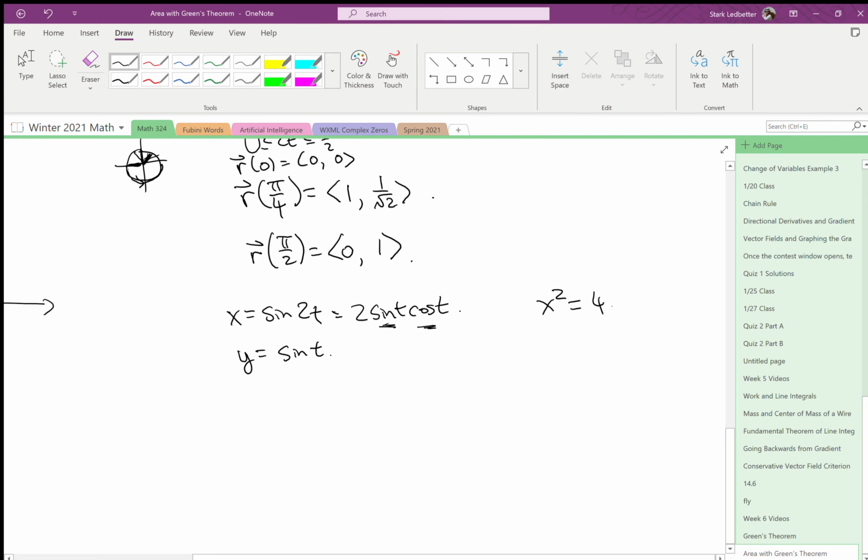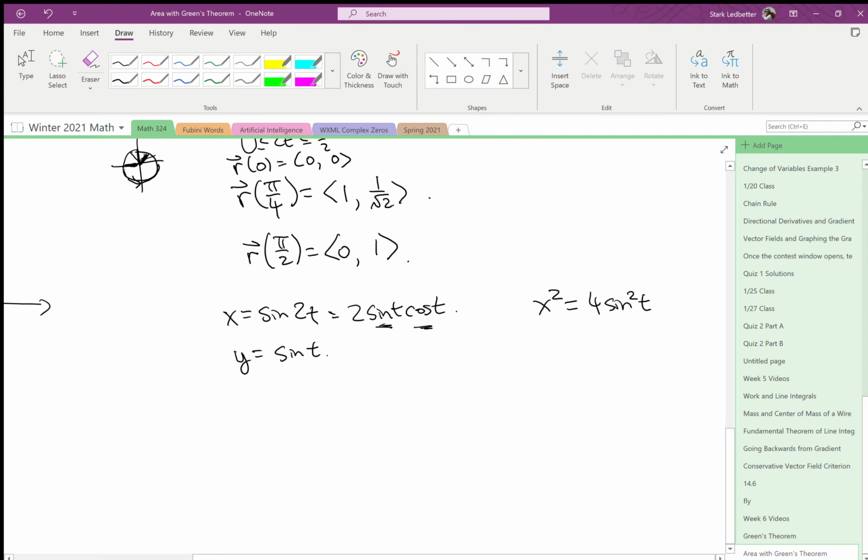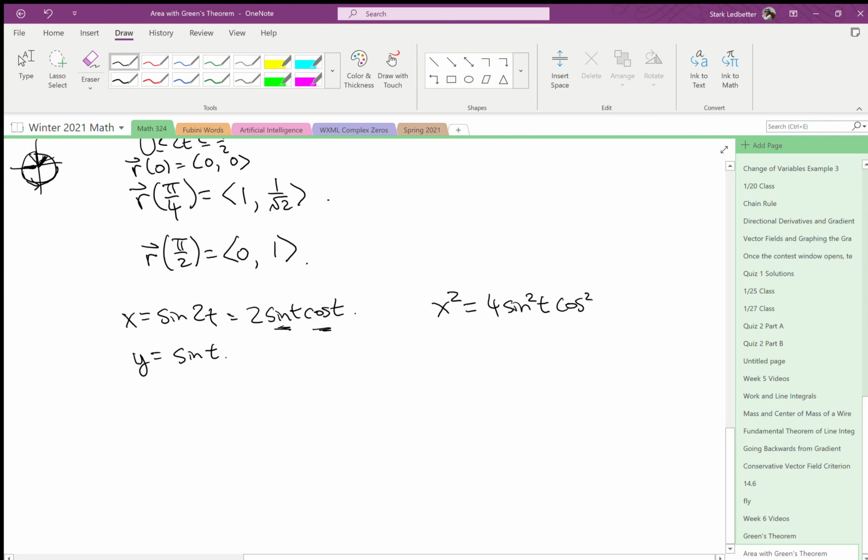So x squared is 4 sine squared t cosine squared t, which is 4 sine squared t times, and cosine squared t is 1 minus sine squared t. Now I can sub in y for sine t, so I've done it. I now have this equation.